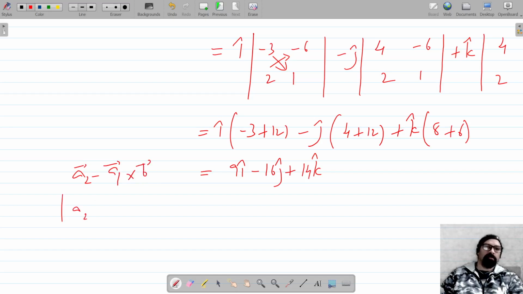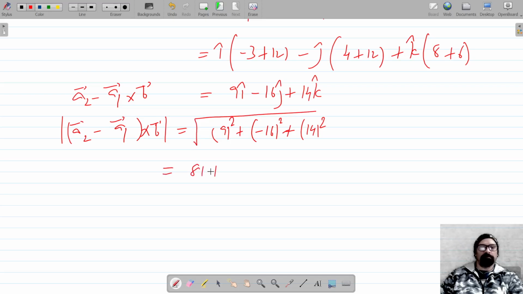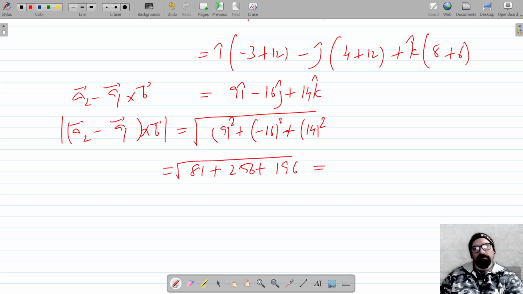Now let's find the magnitude of the same, which will be the square root of 9 square plus -16 square plus 14 square. 9 square is 81, 16 square is 256, plus 14 square is 196, under root, which gives me root 533.